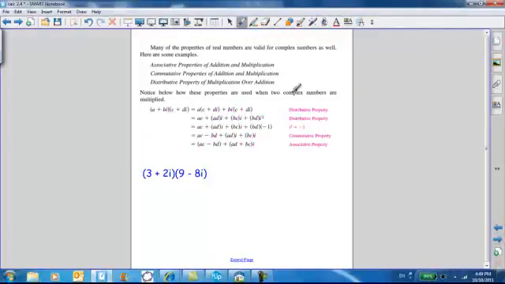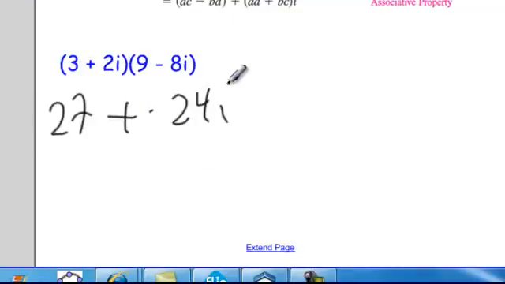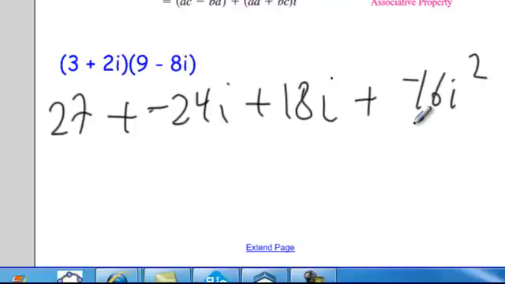Here the book has gone through a lengthy diagram on the process, and you don't have to memorize this as a formula. You know FOIL perfectly well here. FOIL would be first, which would be 27. Outer, negative 24i. Inner, which would be these two, 18i. Plus last, which would be negative 16i squared.